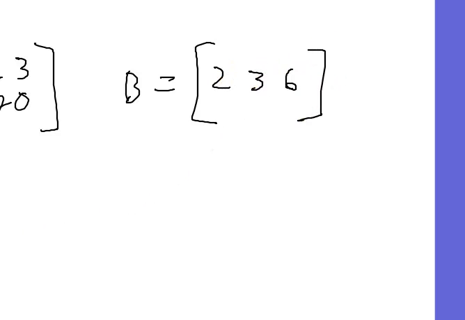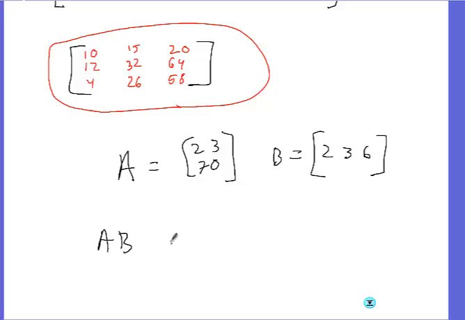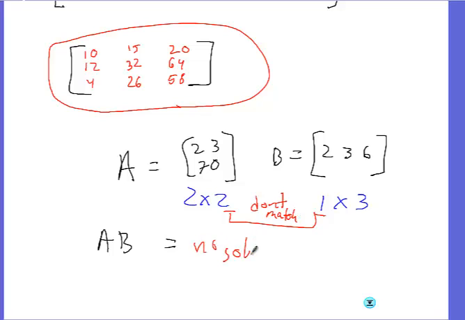Okay, so let's see if we can do AB. The dimensions of A are 2 by 2. The dimensions of B are 1 by 3. The middle numbers do not match. They don't match. Therefore, we can't multiply it, so the answer is no solution, because the columns of the first do not match the rows of the second.